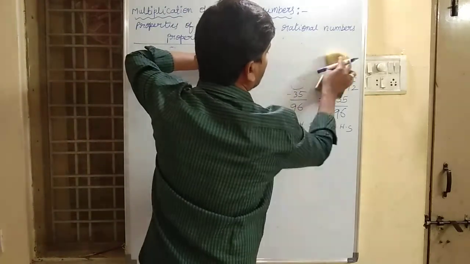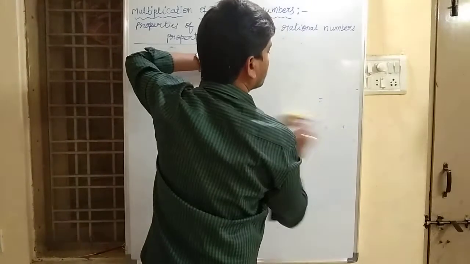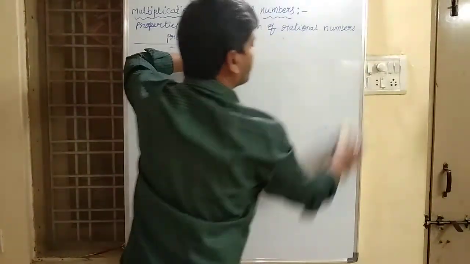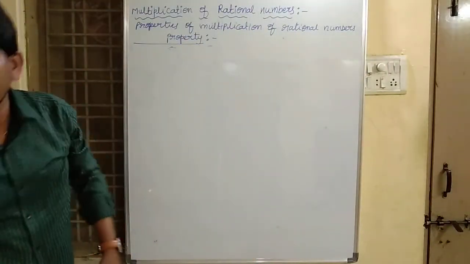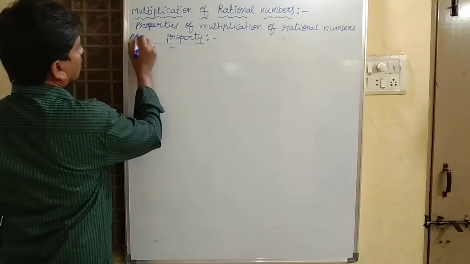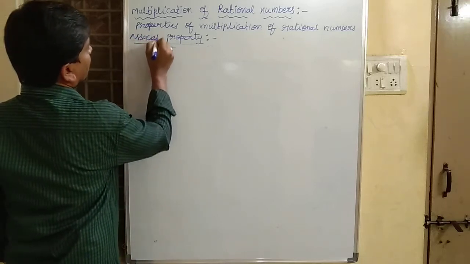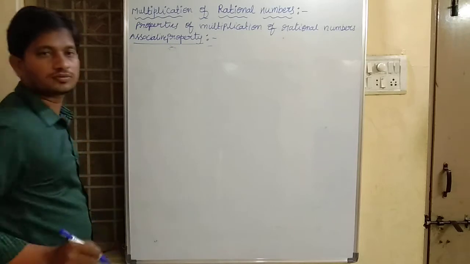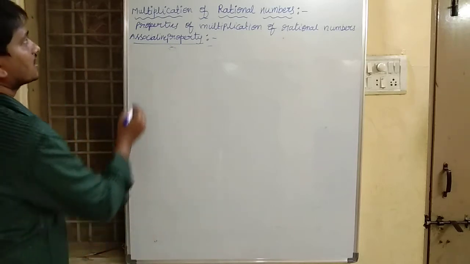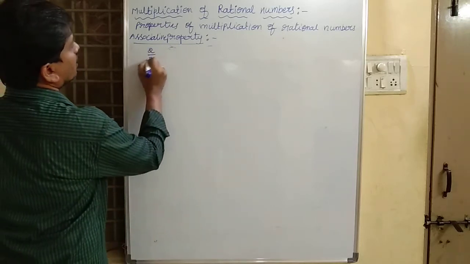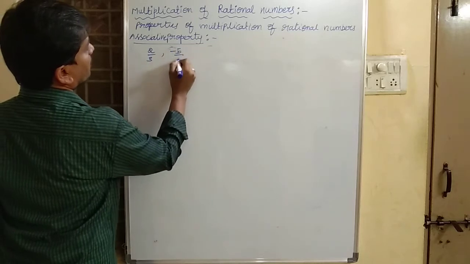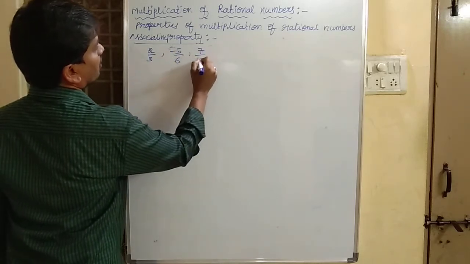Let me take the third property, which is our associative property. In associative property, we will take three rational numbers. Let us consider three rational numbers: 2 by 3, minus 5 by 6, and 7 by 12.